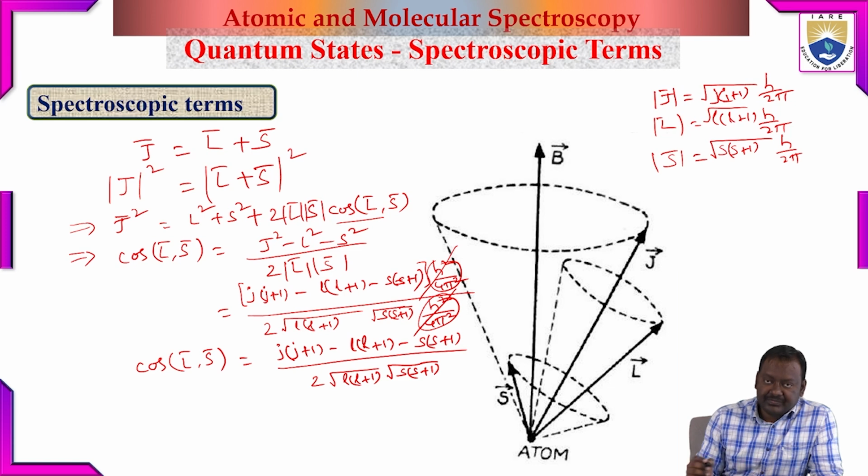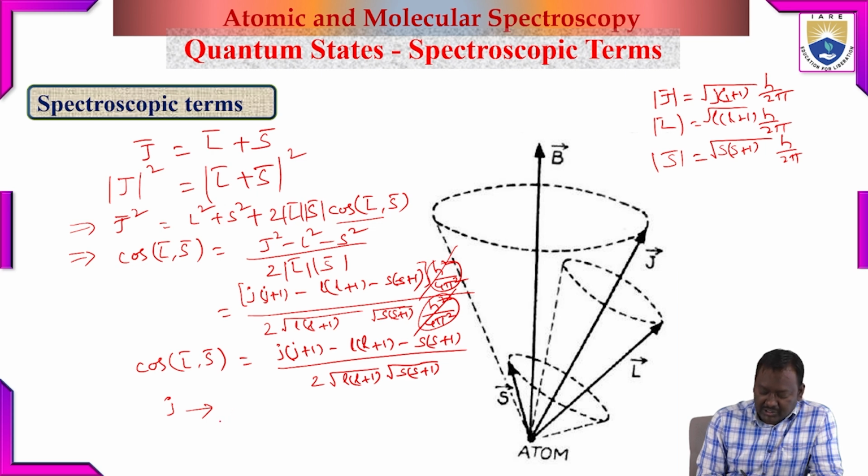And again, if you know the J value, we can find the MJ values also.